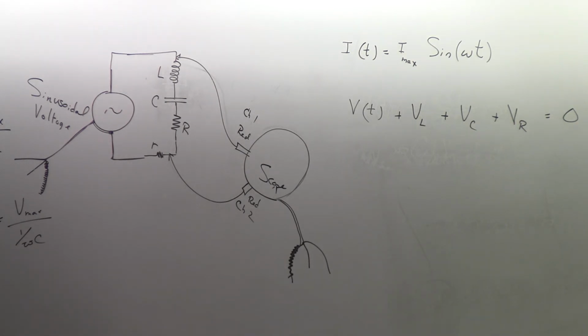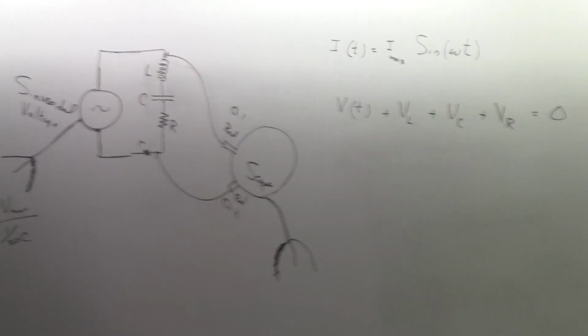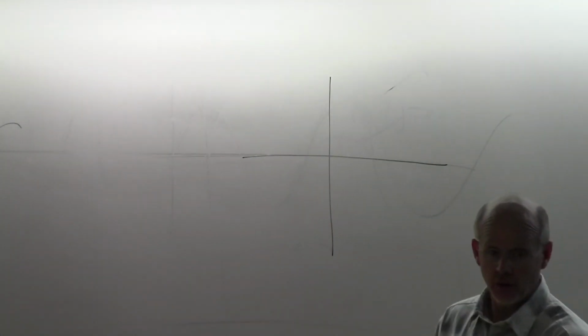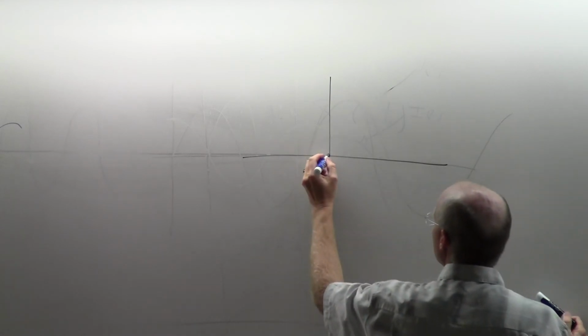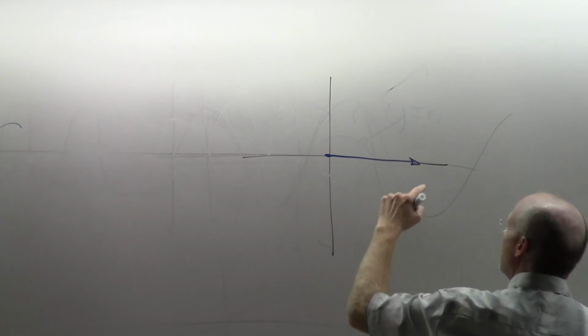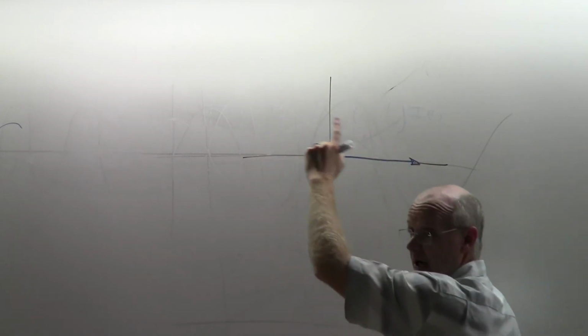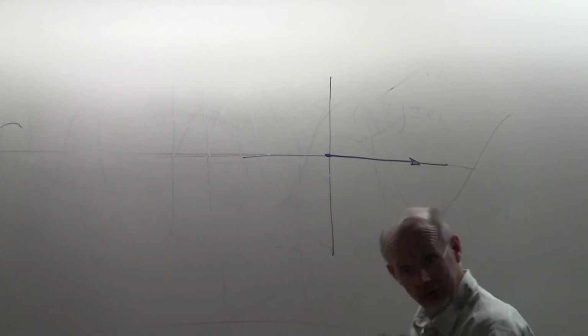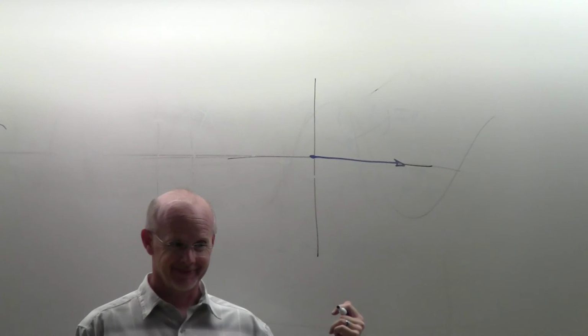If I was drawing a phasor for the current, I guess it would start here and swing around, right? A sine function. Okay? So, question, does that look like that?